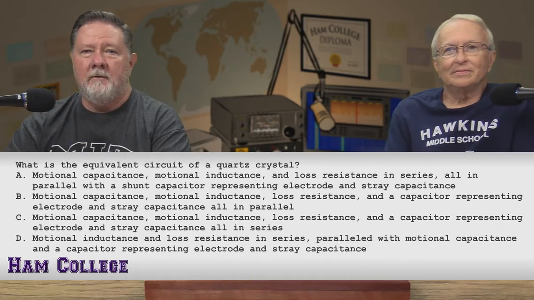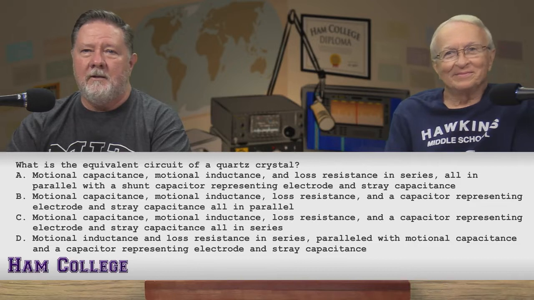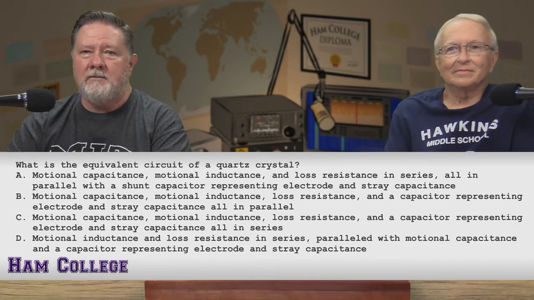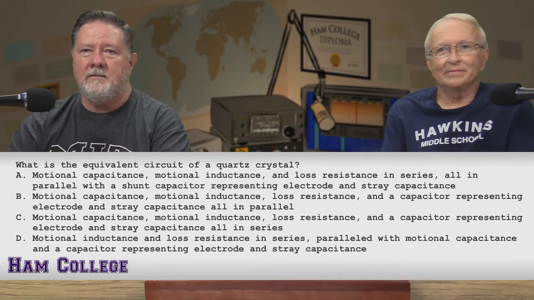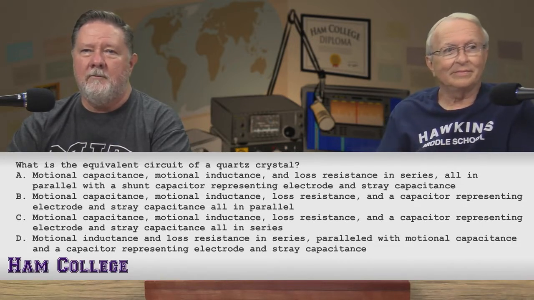Lord have mercy. D, motional inductance and loss resistance in series, paralleled with motional capacitance and a capacitor representing electrode and stray capacitance. What is the equivalent circuit of a quartz crystal?